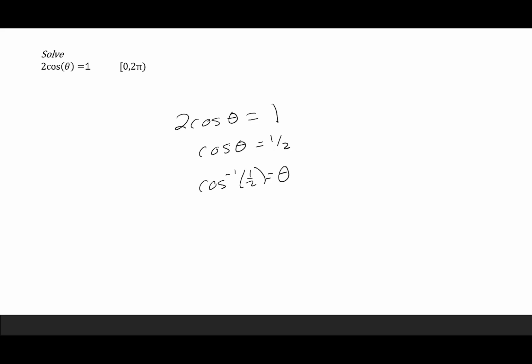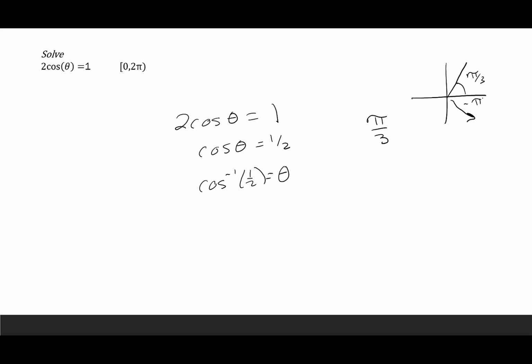So hopefully you're thinking, oh, well, I know cosine of theta is equal to half at pi over 3. And that's in the first quadrant, but where else is cosine positive? So remember, cosine is positive in the first and the fourth. Remember, cosine is kind of like looking at the x. So this x is positive, here x is negative, here x is negative, and again, it's positive over here. So this is pi over 3.